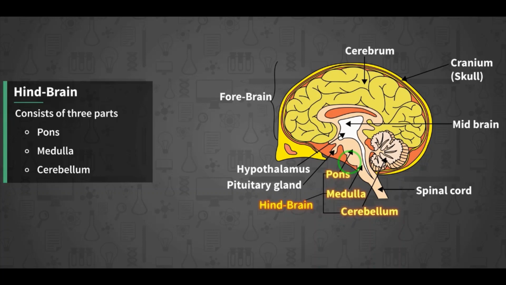Pons is a Latin word meaning bridge. It is a bridge of nerve fibers that connects the lobes of the cerebellum. It relays signals between the cerebellum, spinal cord, midbrain and cerebrum.